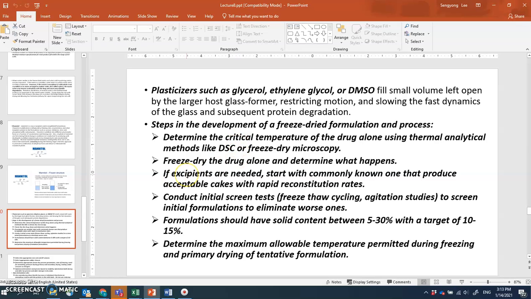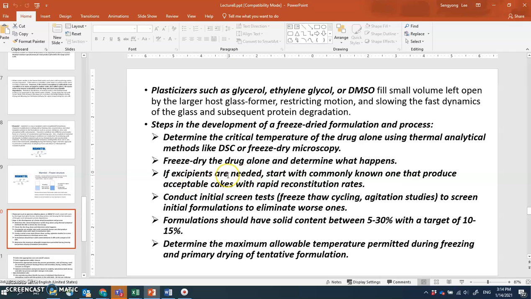And then freeze drying the drug alone and determine what happens. Without adding many excipients, you try to freeze dry your drug itself, maybe mixed with the main solvent, and see what happens to your drug. Characterize your drug molecule first, and then if excipients are needed, start with commonly used, well-known ones, the acceptable ones like a sugar molecule or maybe mannitol.